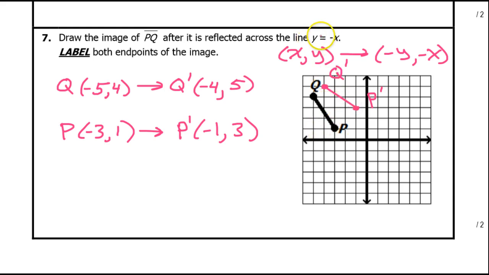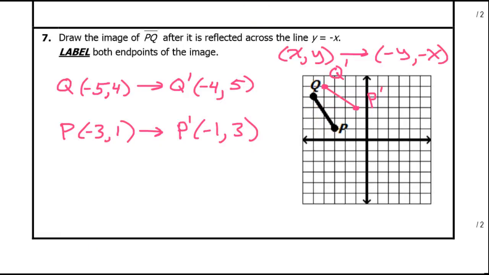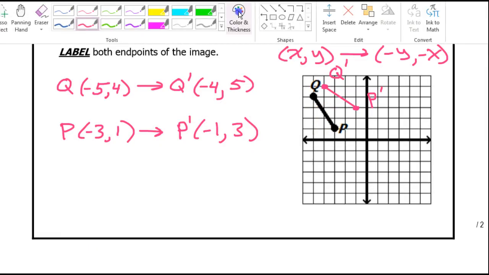All right, now it would be helpful for you to know that the line y equals -x is a diagonal line that goes downhill right through the middle of the graph like this. This yellow line is the line y equals -x. So on this graph, let me show you what that would look like.